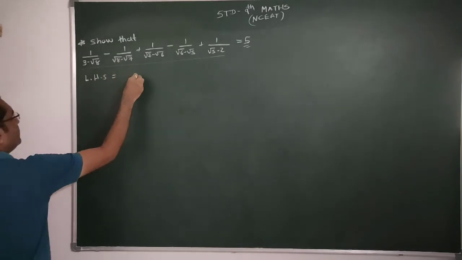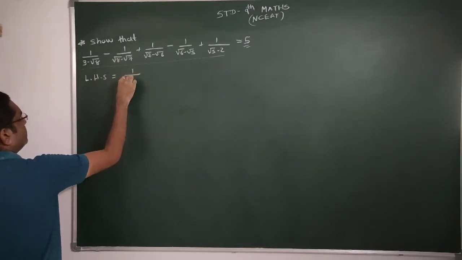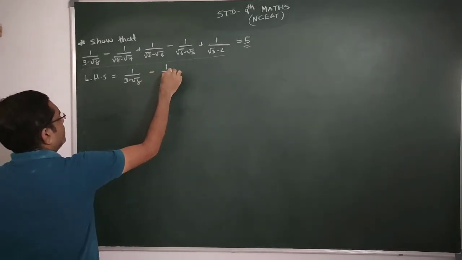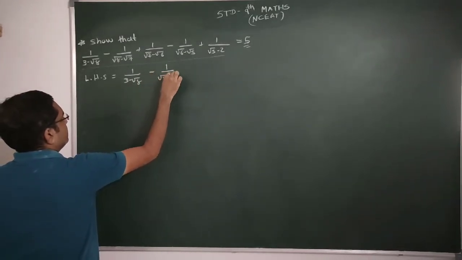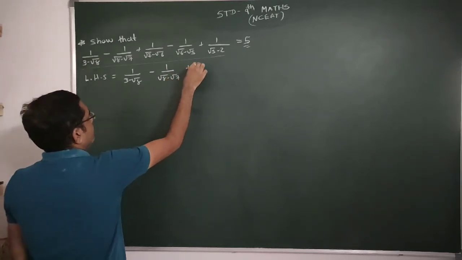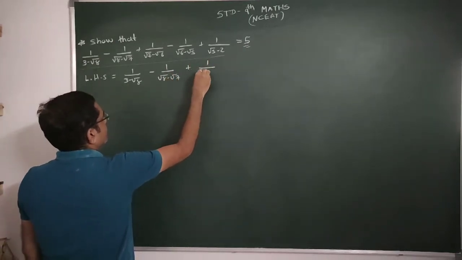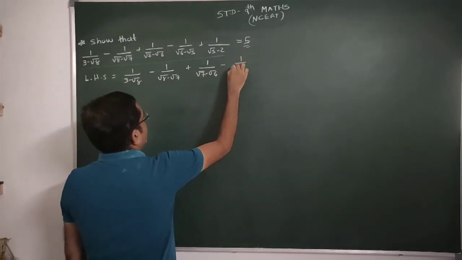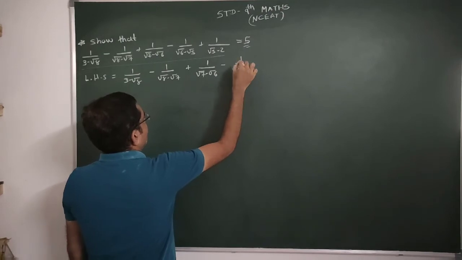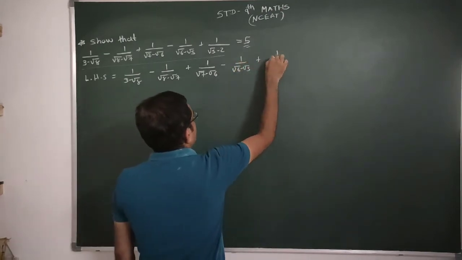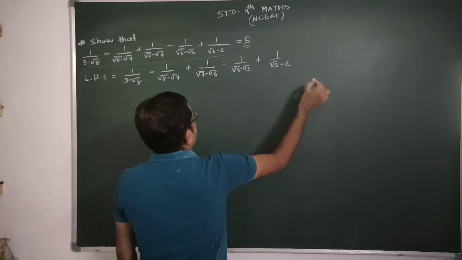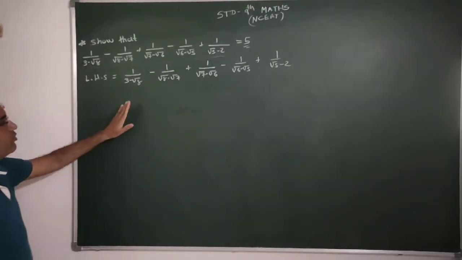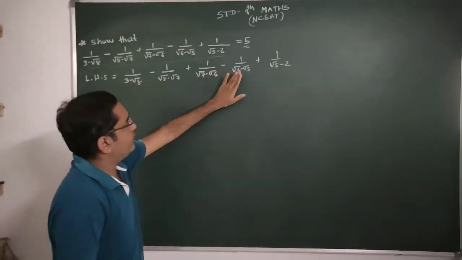So the given left hand side is 1 upon 3 minus root 8 and so on, up to minus root 5 plus 1 upon root 5 minus 2. Now this is our given left hand side. So here there are total 1, 2, 3, 4 and 5 terms.